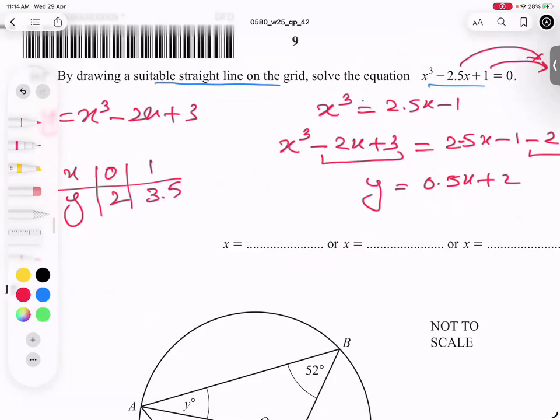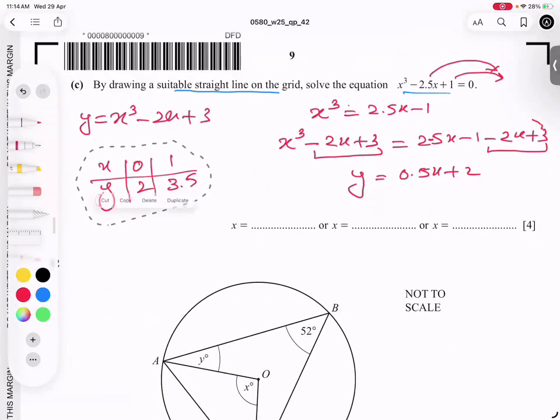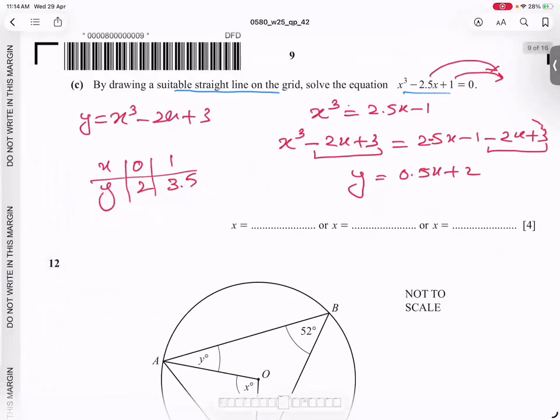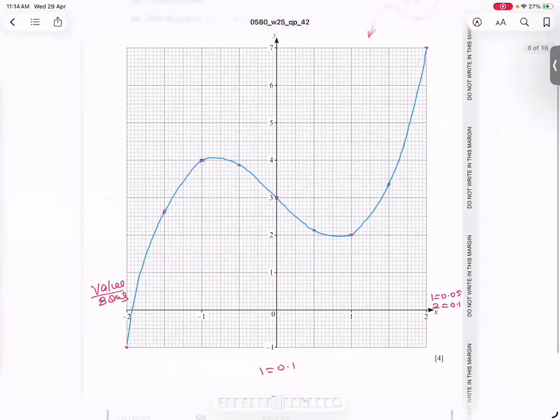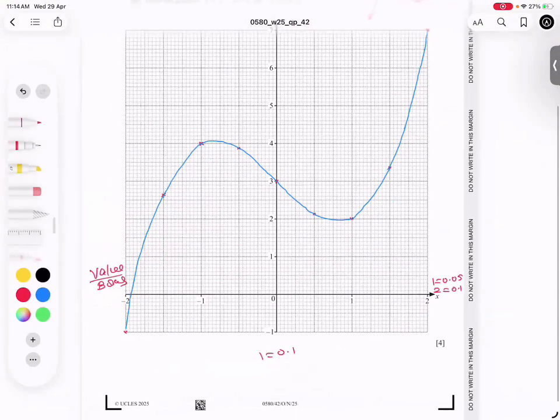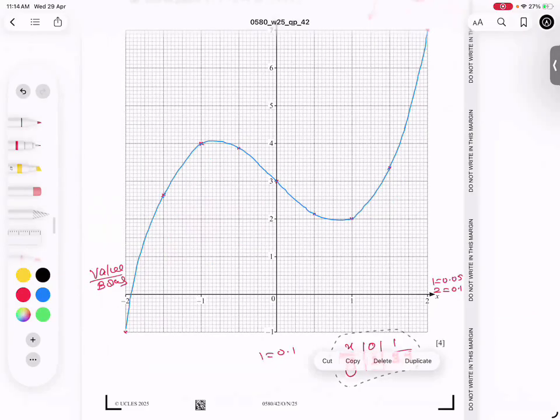So this table, I'm going to shift to the next page. The previous page, I'm shifting here and pasting here. Okay, student, let's start. I'm doing it in black color. X 0, y 2 is here. Or I do a different color, green, 3.5 here.